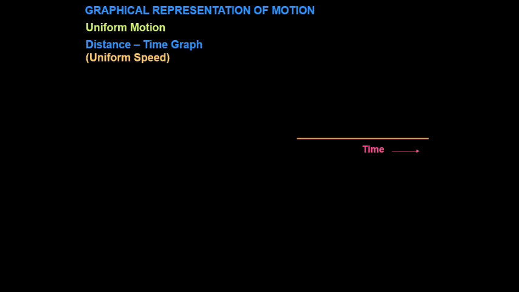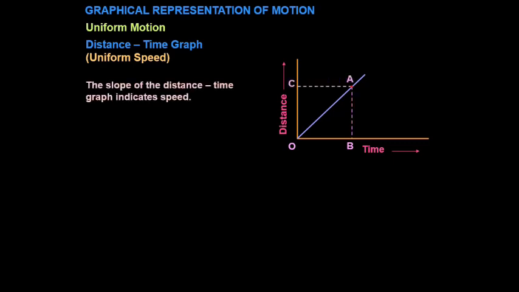Graphical representation of motion. It's time on the x-axis, distance on the y-axis. So this is a uniform motion, equal distance in equal intervals of time.